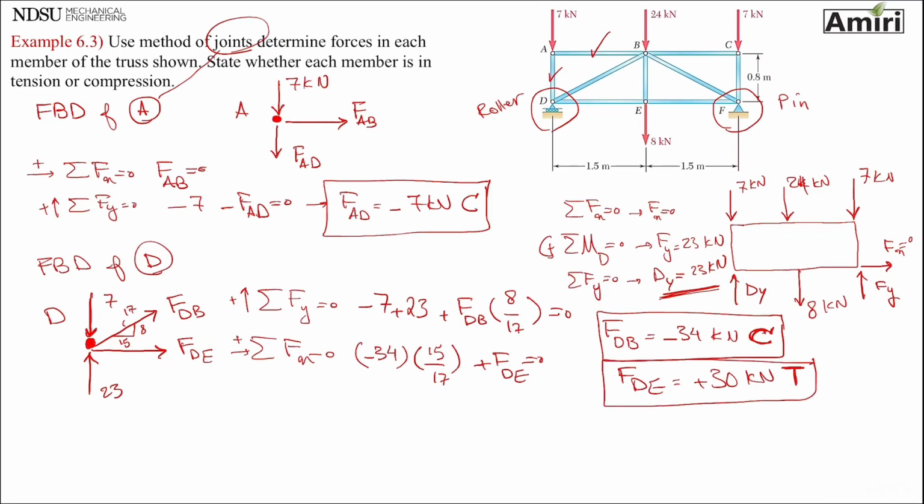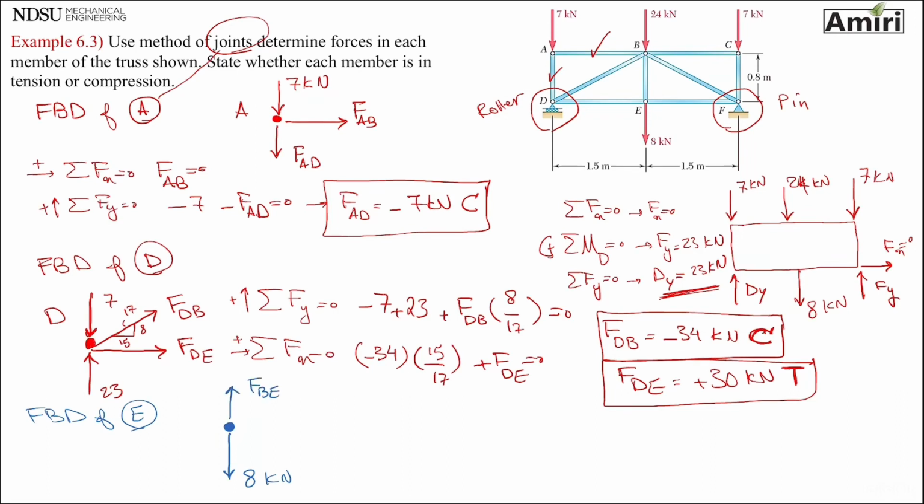The last one that I want to do is point E. FBD of point E. So here we go. Point E, active force of 8 kilonewton. I have BE, which I haven't found yet.